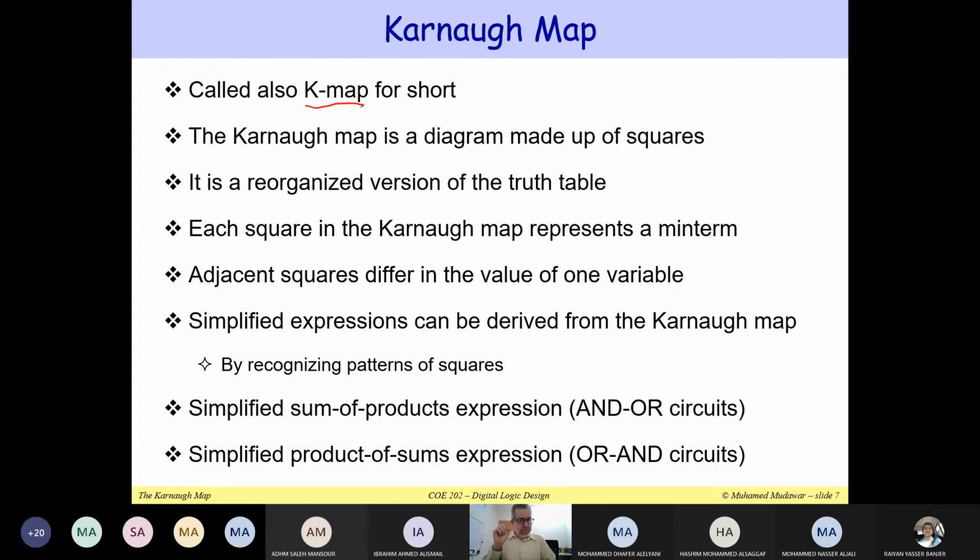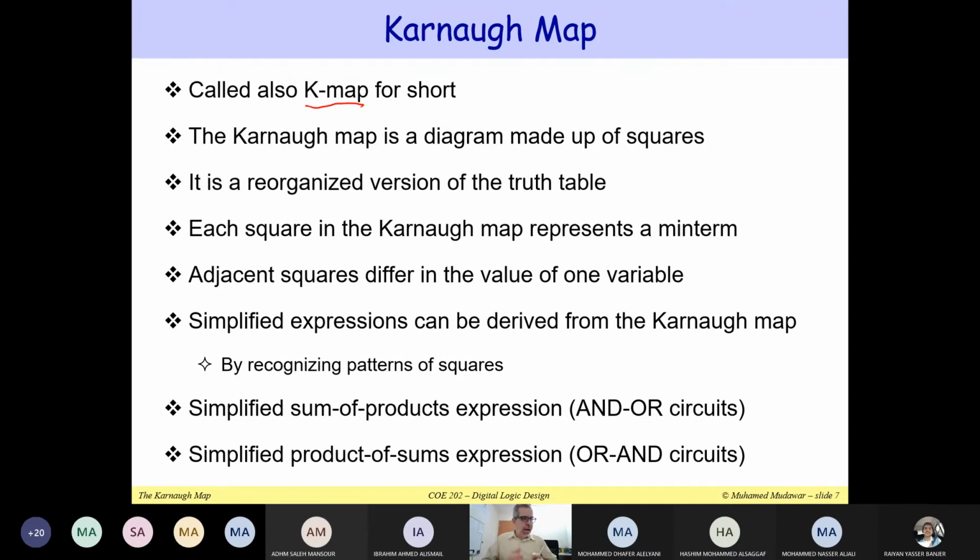So it will be a minterm. So in each square, you can actually put either a 0 or a 1. And we draw the Karnaugh map in a way so that adjacent squares differ in the value of one variable. So this means that we can combine adjacent squares. This is really the idea of the Karnaugh map.